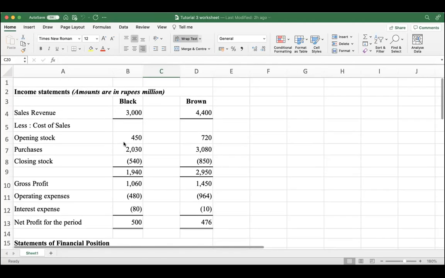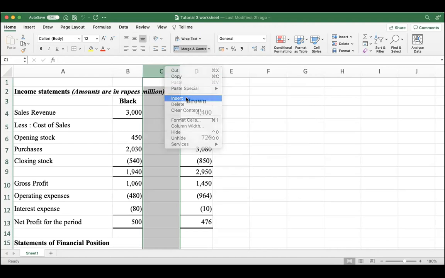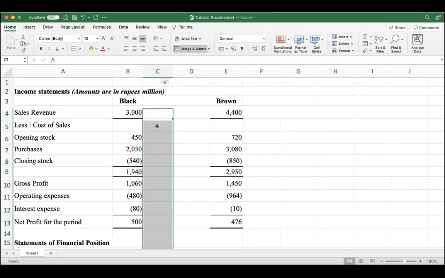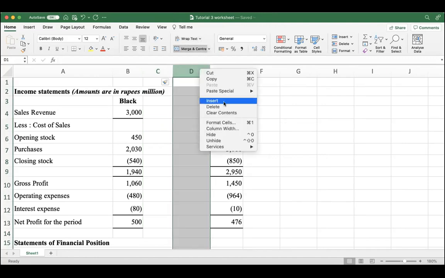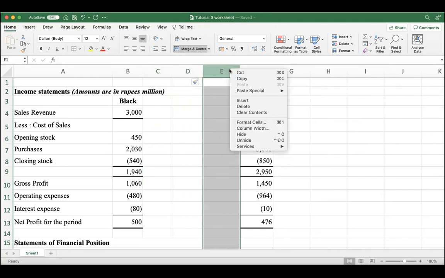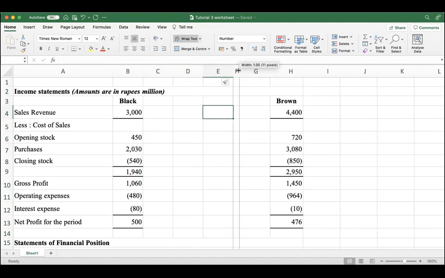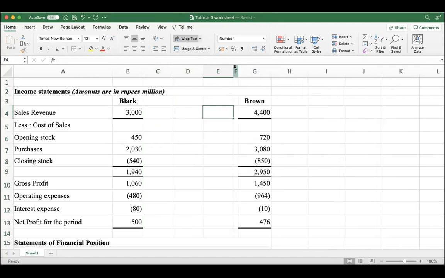Now you have the financial statements. You can add two columns. We have two companies, so we have to do adjustments for both companies. First, you can separate the financial statements.